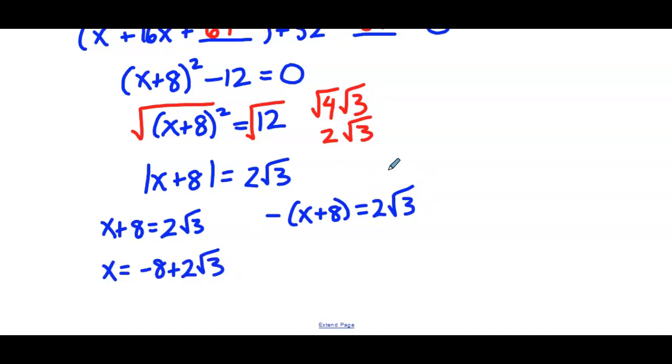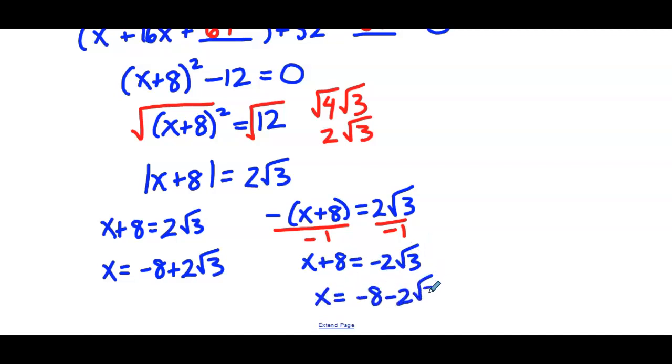Since I have a square root on the other side, I'm going to divide both sides by negative 1 as my first step. So x plus 8 equals negative 2 rad 3. Subtracting 8 from both sides, x equals negative 8 minus 2 rad 3. So our solution set is negative 8 plus 2 rad 3, or negative 8 minus 2 rad 3.